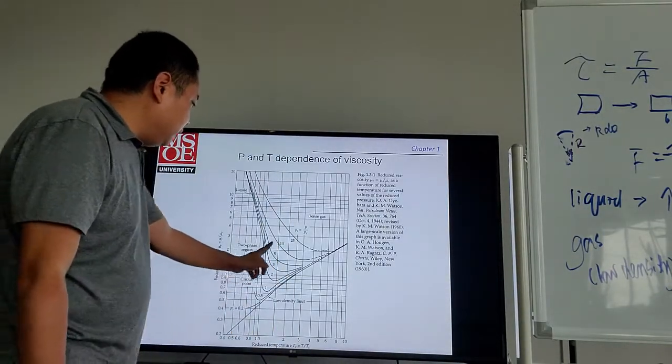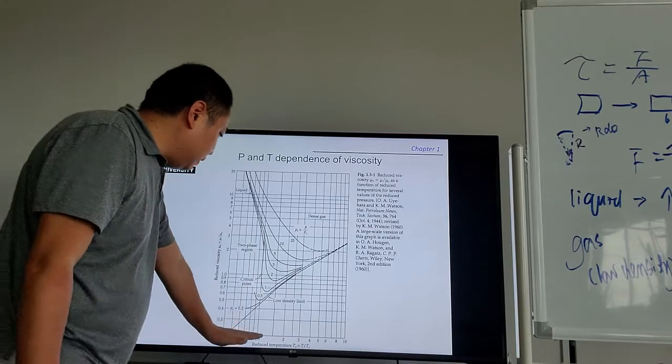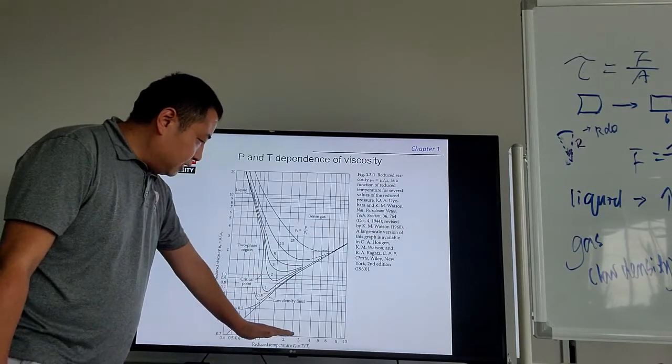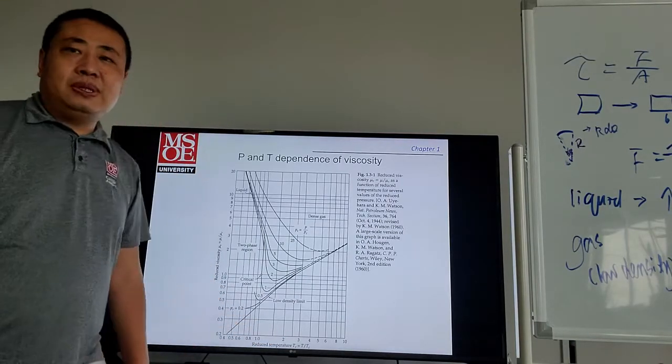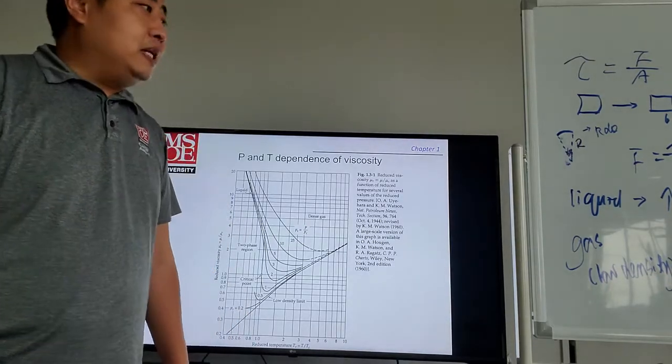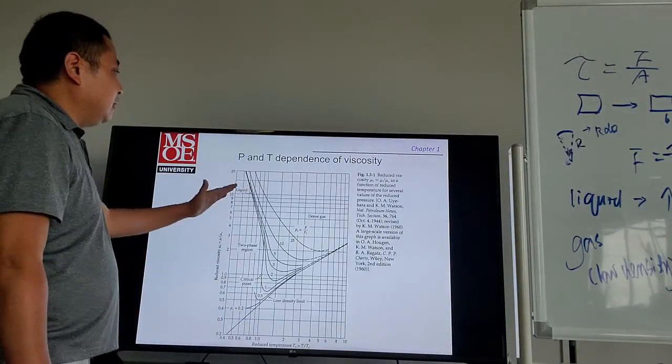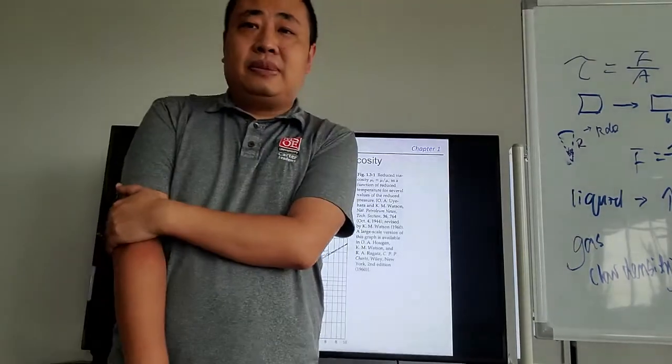If we look at the low density gas, with the increase of temperature, the MUR increases. So if you just look at this graph, it also gives you this information.